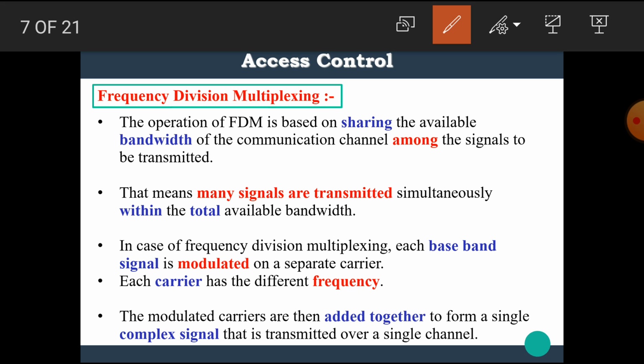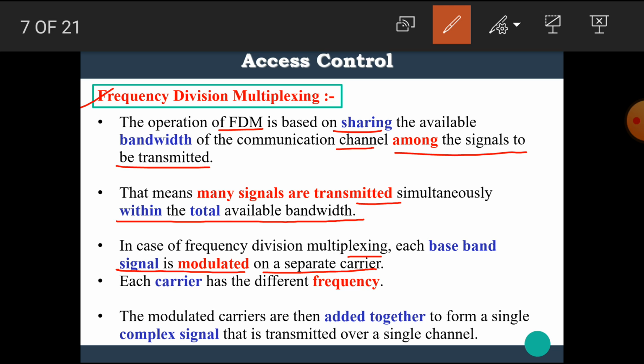The first one is frequency division multiplexing. The operation of frequency division multiplexing is based on sharing the available bandwidth of the communication channel among the signals to be transmitted. That means many signals are transmitted simultaneously within the total available bandwidth. In frequency division multiplexing, each baseband signal is modulated on a separate carrier, and each carrier has a different frequency.